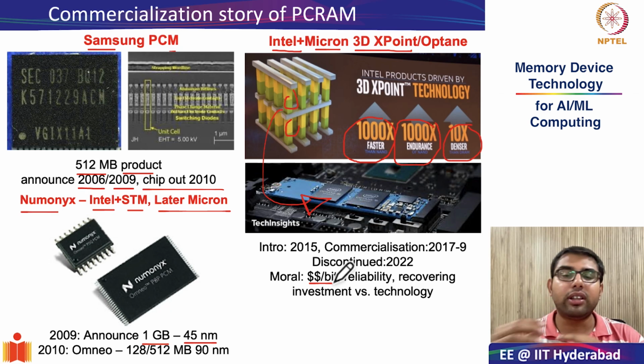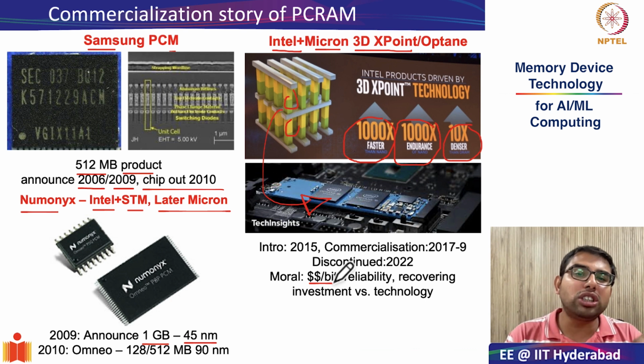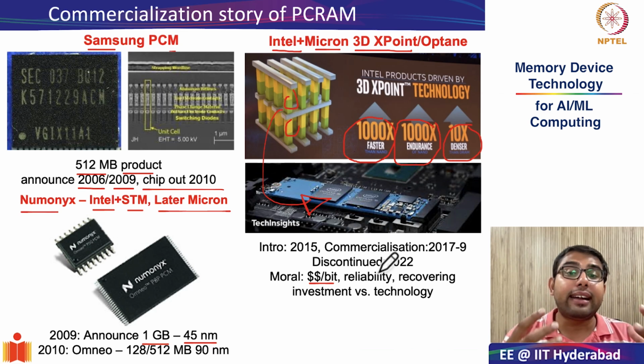And finally, the rapid improvements in multi-bit 3D NAND flash technology drove down the cost per bit for producing very high quality and reliable NAND flash. This was the reason why, despite having excellent technology in the form of PCRAMs, they were discontinued.